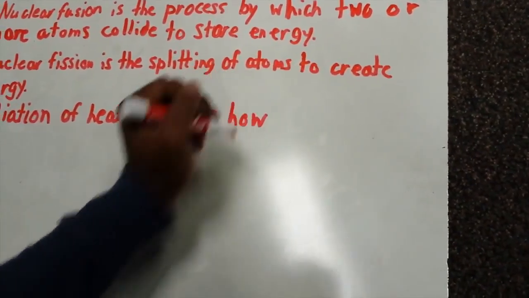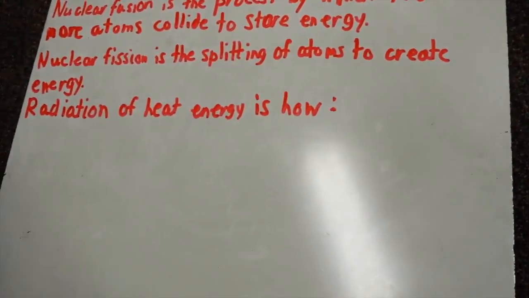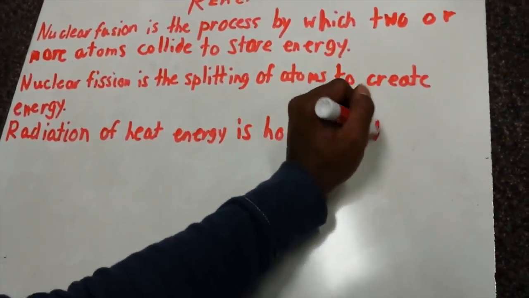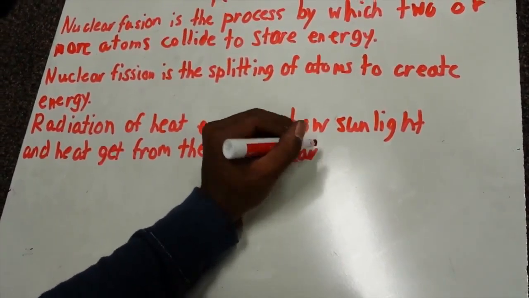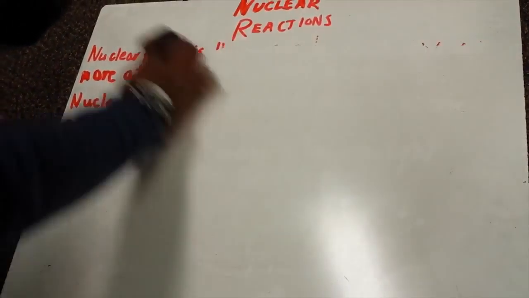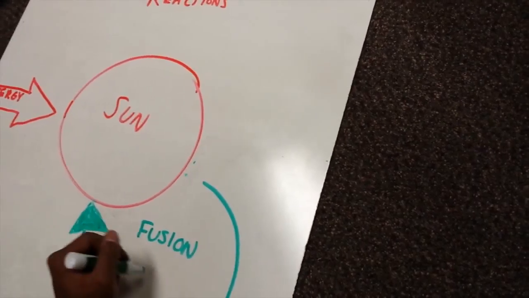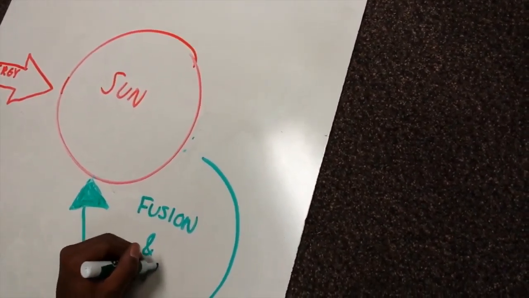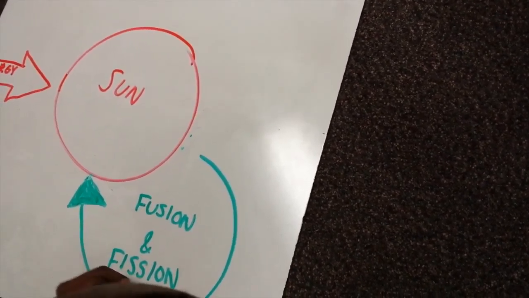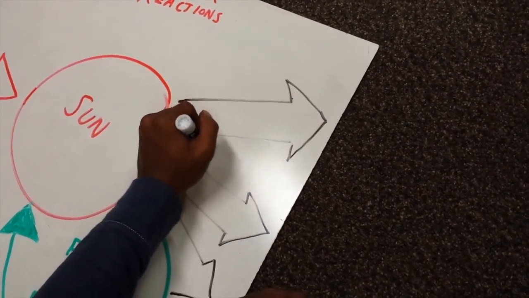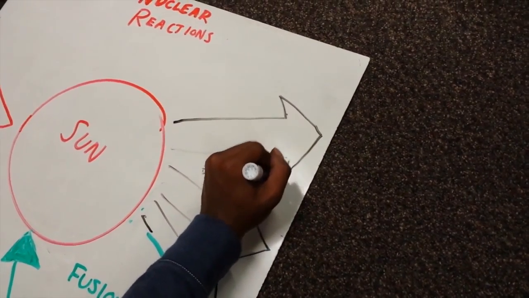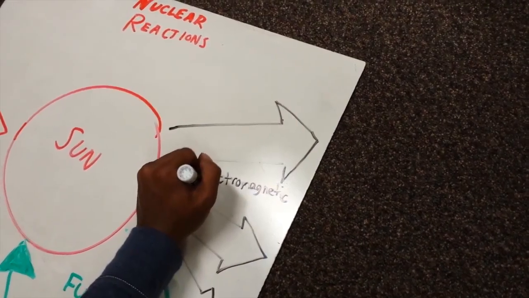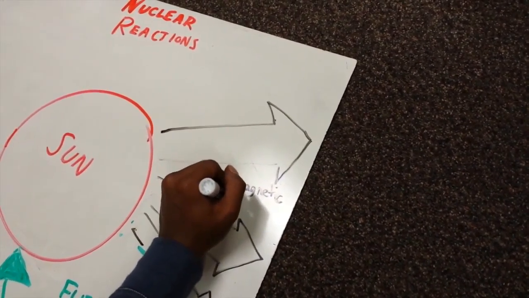Radiation is how heat and sunlight get to the earth from the sun. As seen in this diagram, atoms go to the sun, fusion and fission occur to make that energy usable, and voila, it is radiated to the rest of space in the form of electromagnetic radiation.